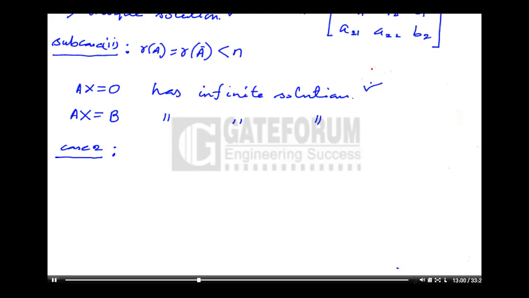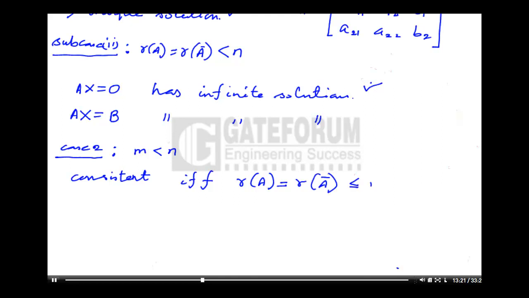Having infinitely many solutions also means the system is consistent but doesn't have any particular solution, rather has more than one solution. Now case 2 is m is less than n, that is, number of equations is less than number of unknowns. In this case, the system is consistent if and only if rank of A is equal to rank of augmented matrix, that is less than or equal to m.